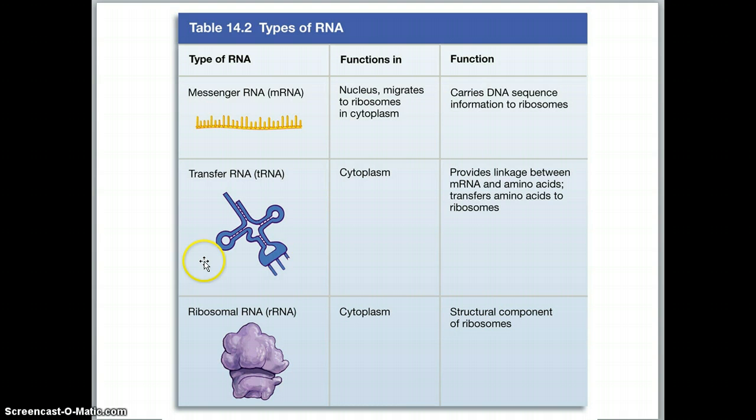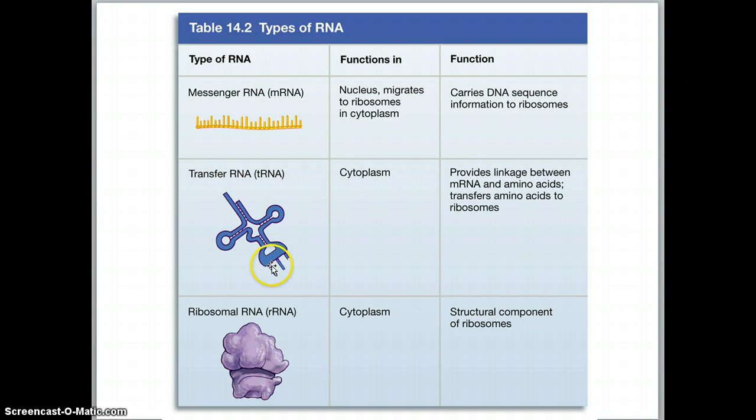Okay, so here we have tRNA and ribosomal RNA, or rRNA. The ribosome is basically the way that a protein is made. So ribosomes are little protein factories, and it's going to use the mRNA template and help assemble the new protein or amino acid.